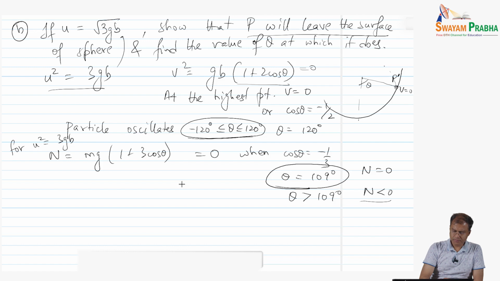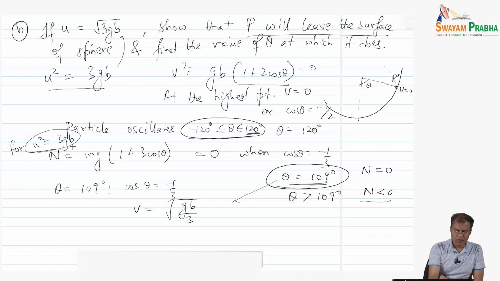We can quickly find that at theta equal to 109 degrees, or cos theta equal to minus 1 by 3, what the velocity of the particle is, because the particle has not stopped at this angle. It stops at 120 degrees. So at 109 degrees we plug this into the formula, and v comes out to be square root of gb by 3, when u square is 3gb.